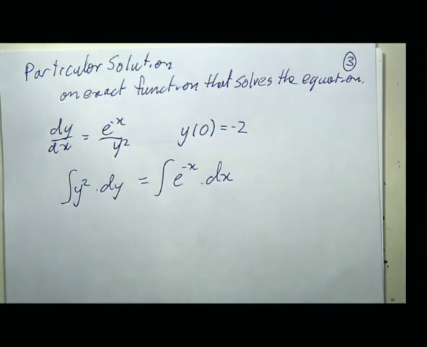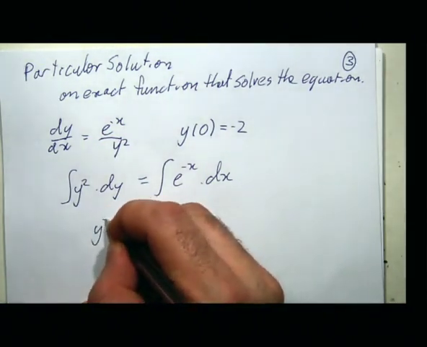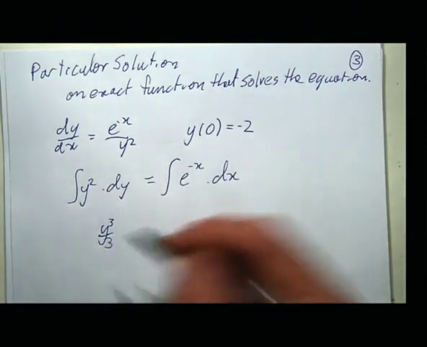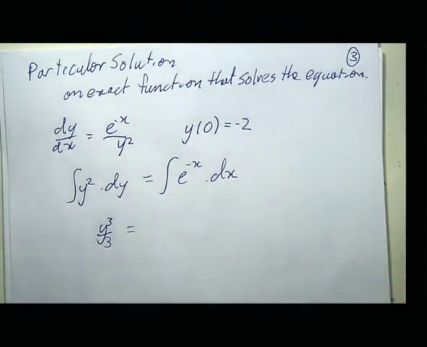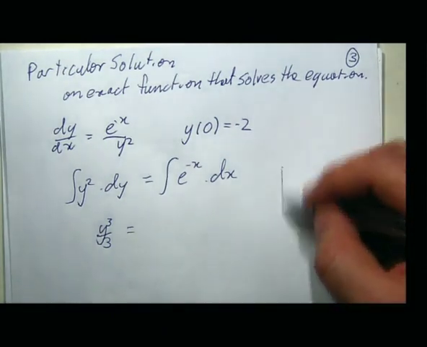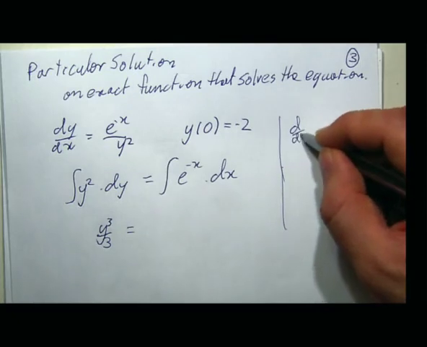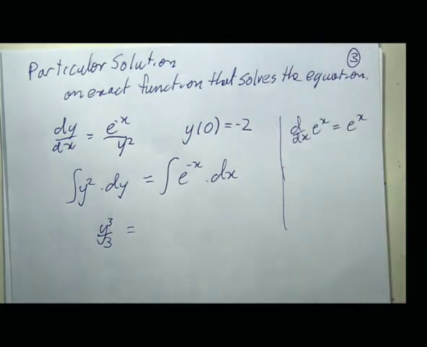So far so good. And so what we're going to do is, this one here gives me y cubed, so I increase the power, divide by the new power. Same thing. Now, do we know what the derivative of e to the x is? Because integration and differentiation are the opposite of each other, if I differentiate e to the x with respect to x, I just get e to the x.